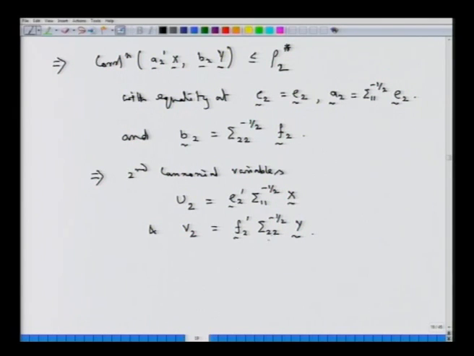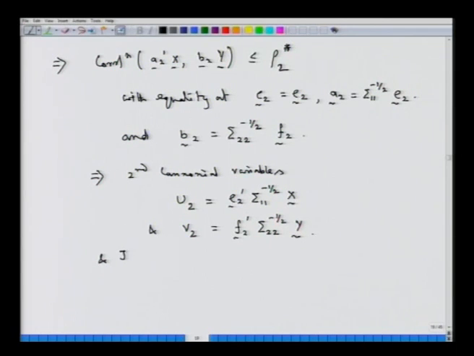If we choose U2 and V2 of this particular form, then not only will they be uncorrelated with the corresponding U1 and V1, but the maximum correlation will also be attained.